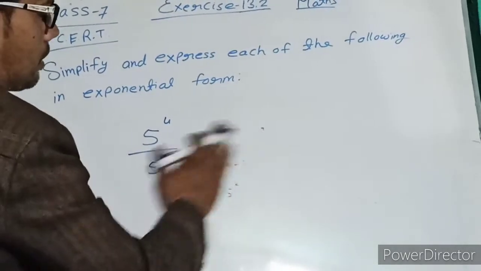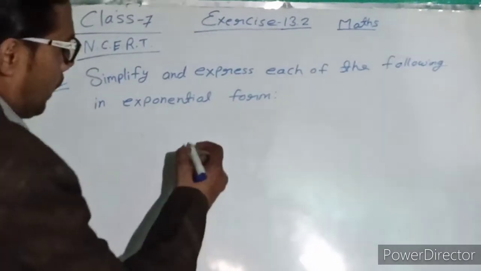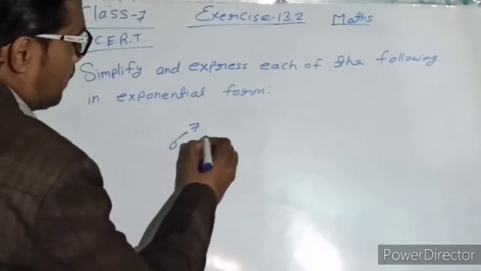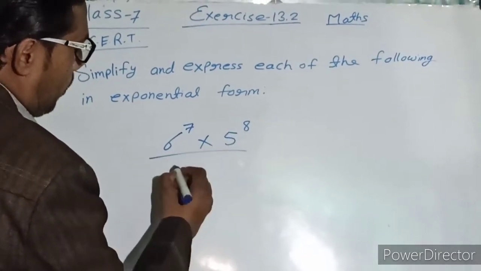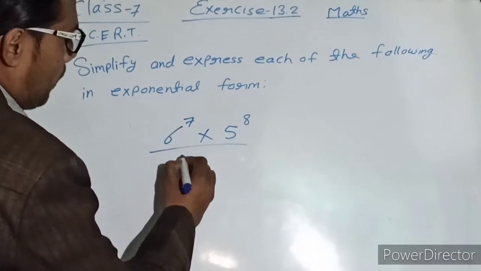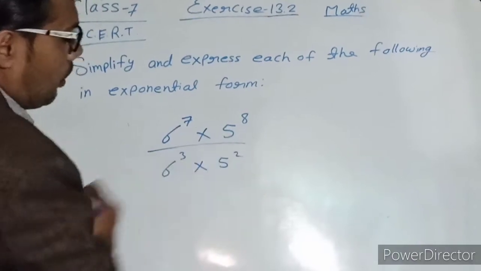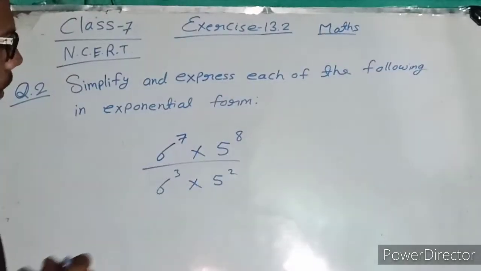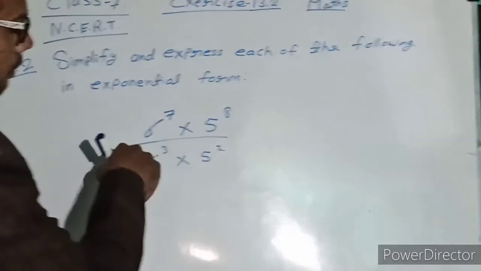Okay, let us take some other example. If we have a situation like this: 6 raised to the power 7 into 5 raised to the power 8 upon 6 raised to the power 3 into 5 raised to the power 2. In this situation, these numbers are in division form.